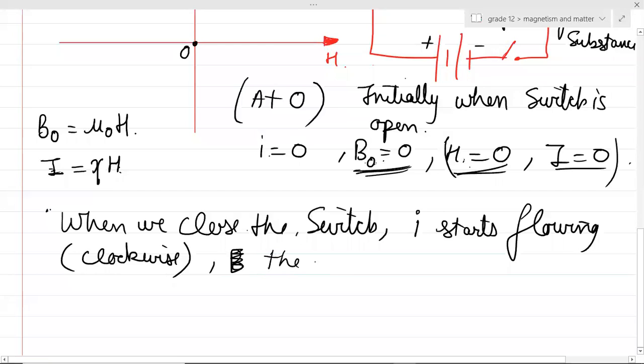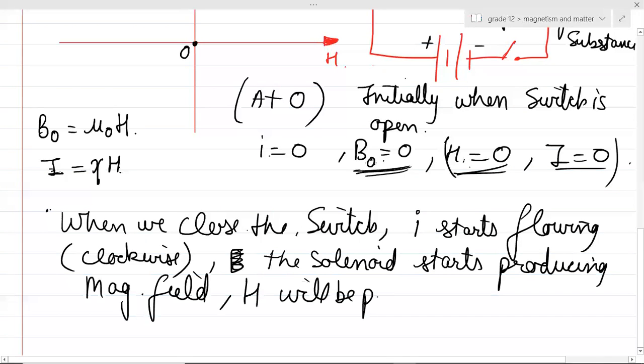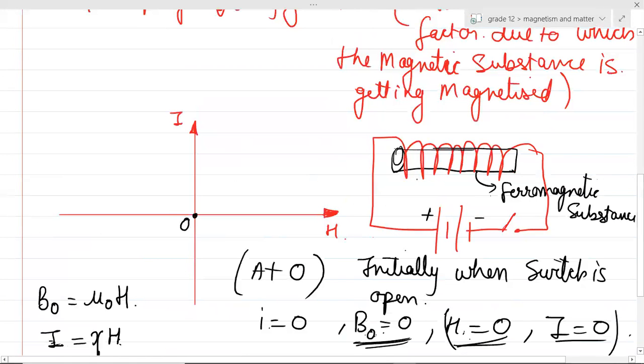The solenoid starts producing a magnetic field, and due to this magnetic field, will H be present in the space? Yes, sir, in one particular direction, let's say from left to right. So initially the H is present from left to right.